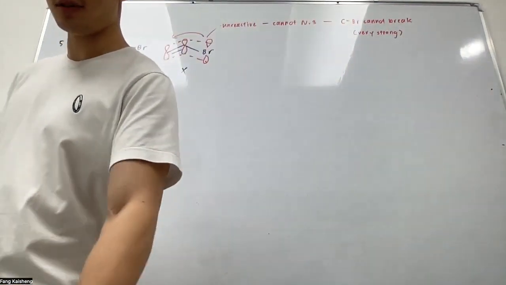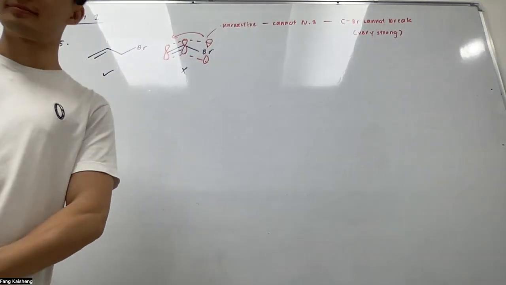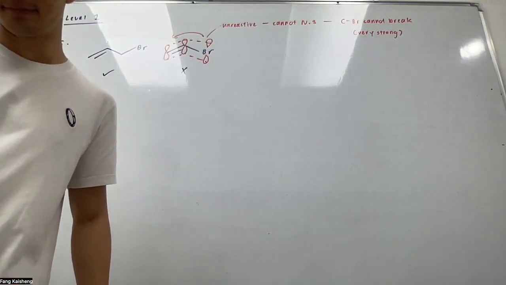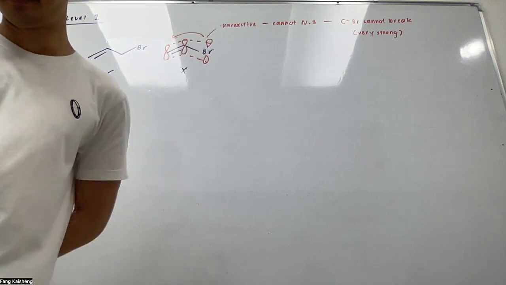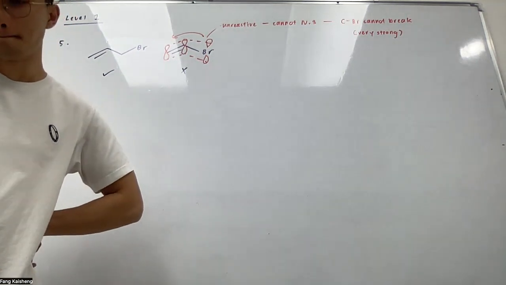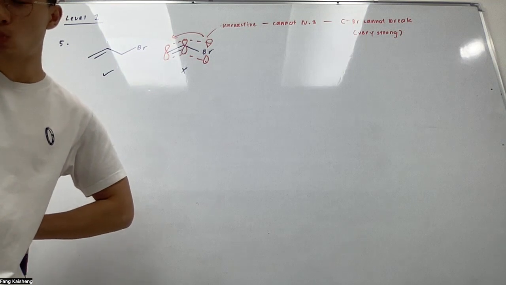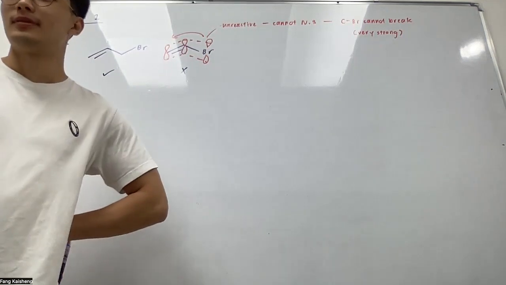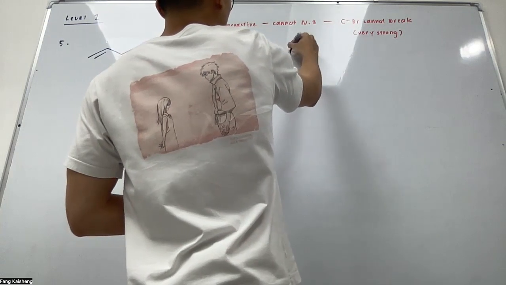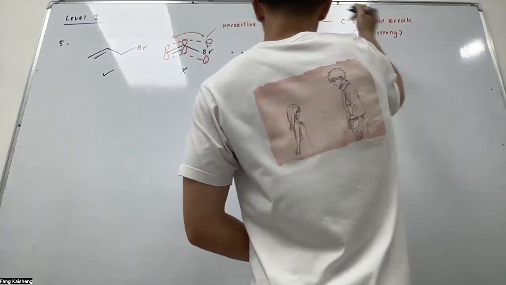If the p orbital of bromine overlaps with the p orbitals of the double bond, that works.